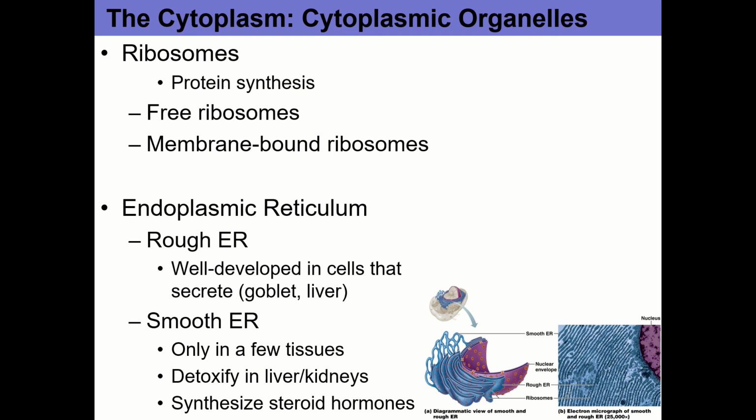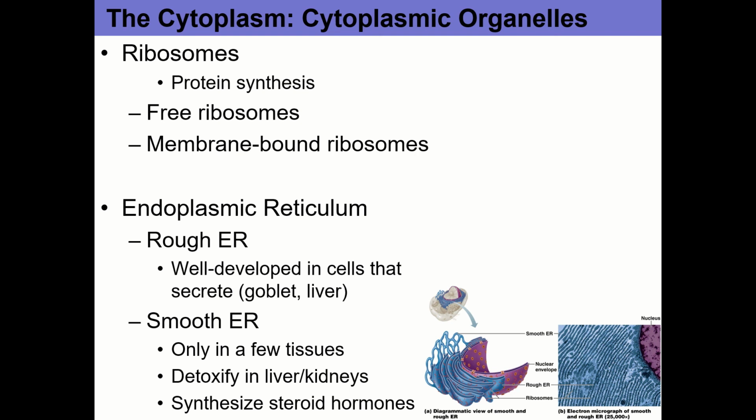We also find lots of smooth endoplasmic reticulum in the liver and kidneys because smooth ER helps to detoxify drugs, helps us break down pesticides, and helps us neutralize cancer-causing chemicals. In the case of the liver, it also plays a role in breaking down glycogen, which again is stored glucose. So liver glycogen is what we use to keep our blood sugar within normal limits.